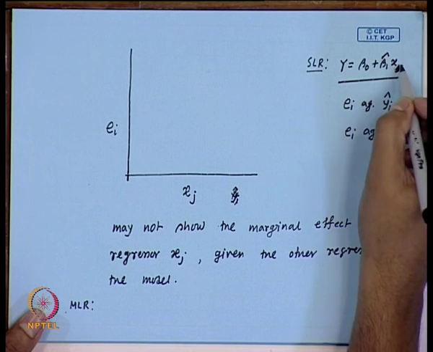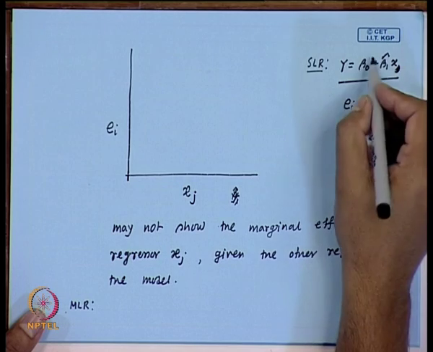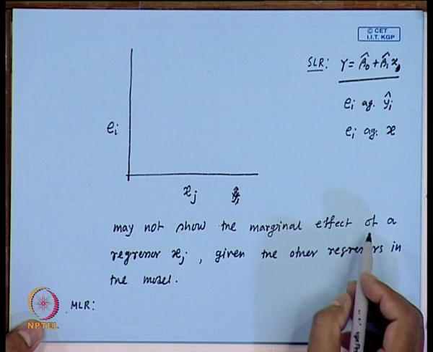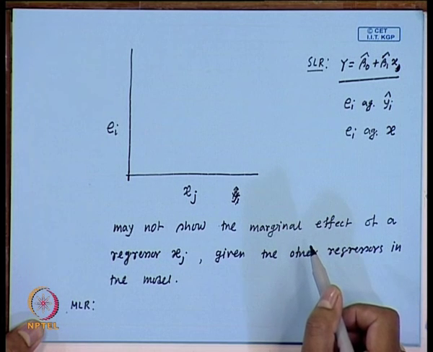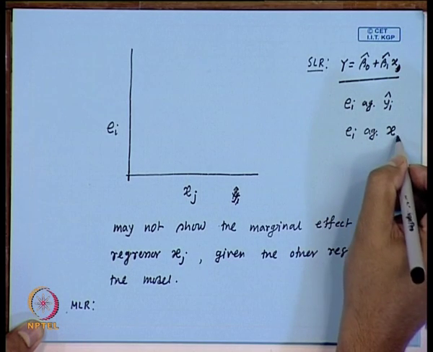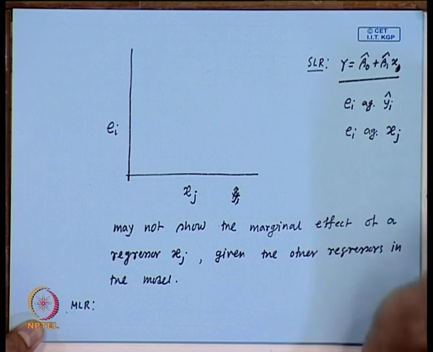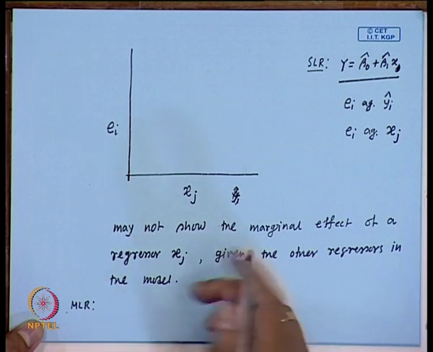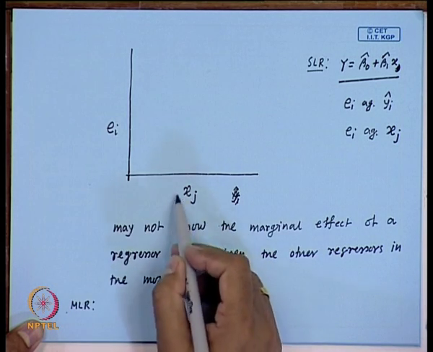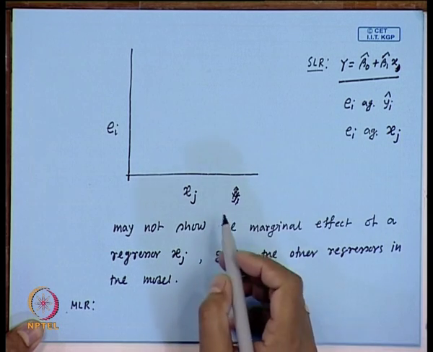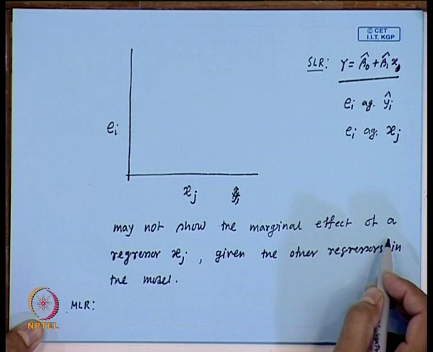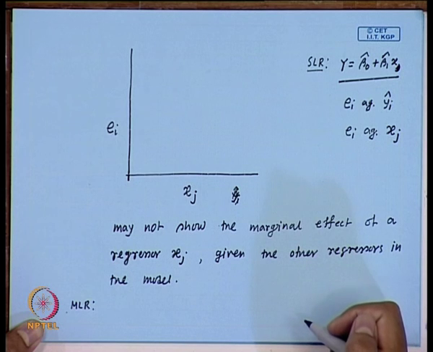So whether you plot against x or yi hat, it does not matter. But in multiple linear regression there is a difference, because there are more regressors. So the limitation of the ei against xj plot is that it may not show the marginal effect of xj given the other regressors in the model.